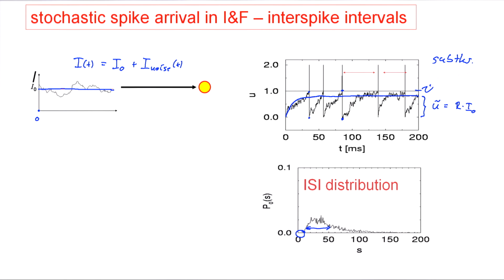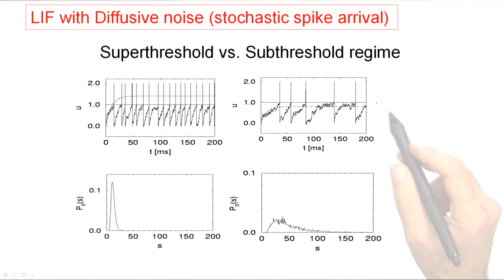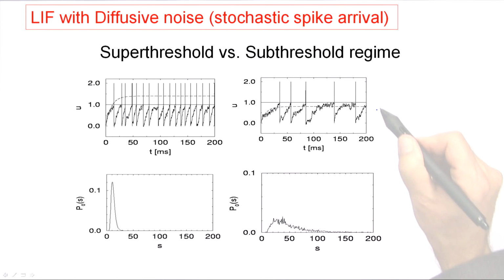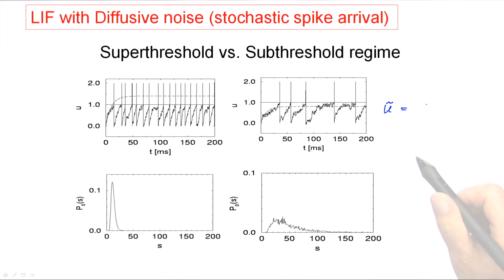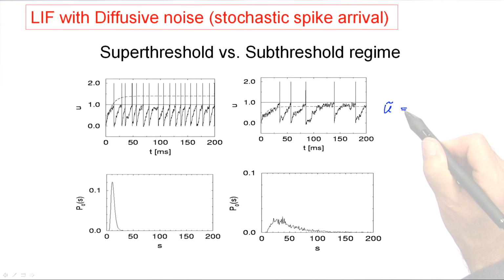It is the threshold for reset. Now that's the situation which I just discussed. My mean value for a noise-free neuron in the absence of a threshold is really smaller than theta. And in this case, I get a broad interspike interval distribution.